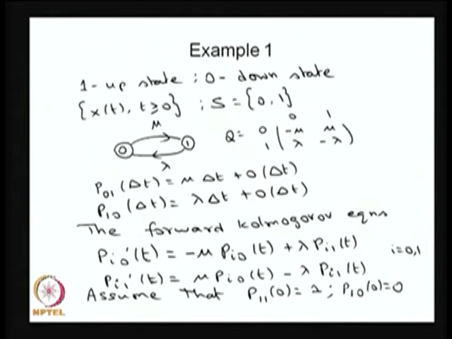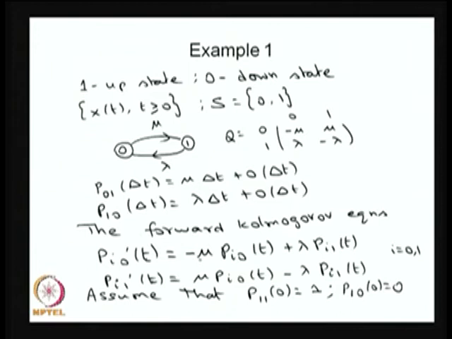All the positive terms are related to the incoming rates and all the negative terms are related to the outgoing rates. Since it is a two state model, if the system is in the state 0 at time t, there is a possibility it has not moved anywhere from the state 0, or it would have come from the state 1. Therefore the incoming will be from the state 1: the probability that the system is in the state 1 at time t, given that it started from the state i, multiplied by the rate, is an inflow.